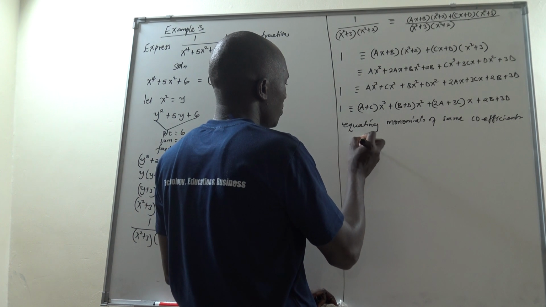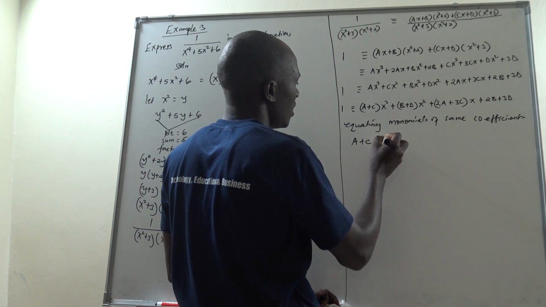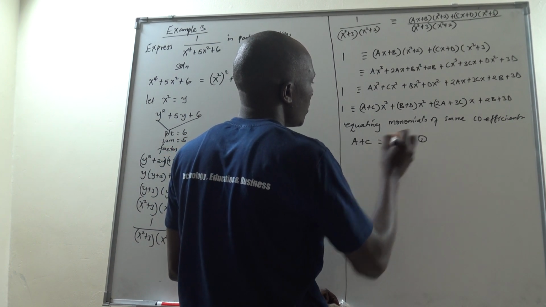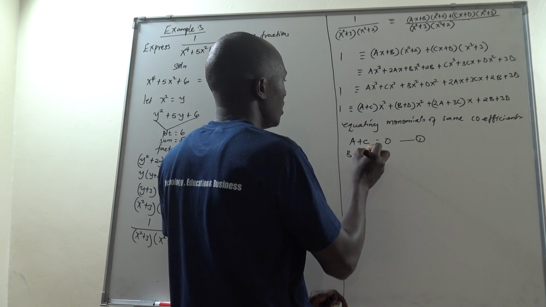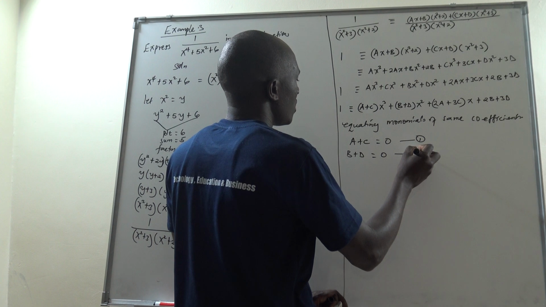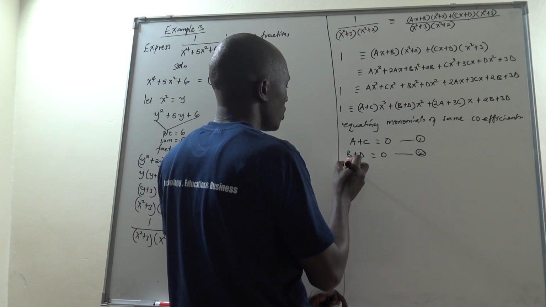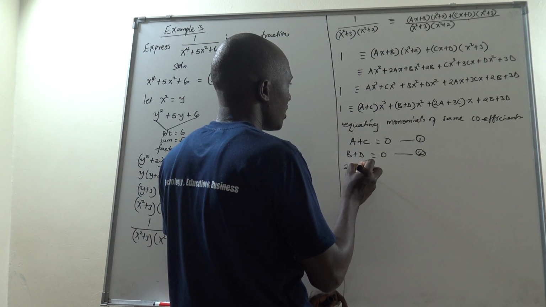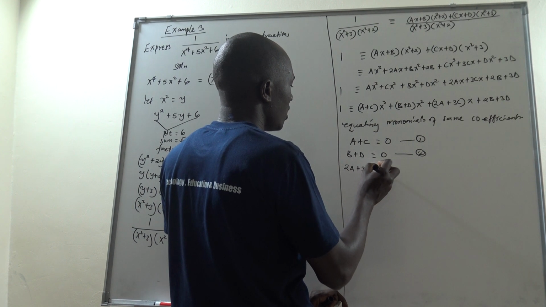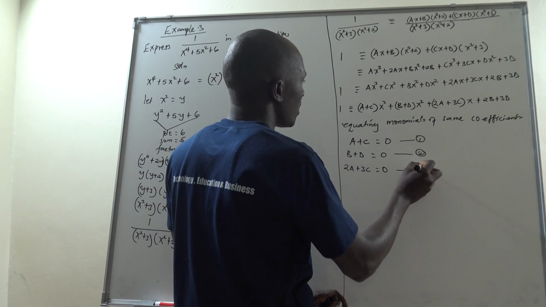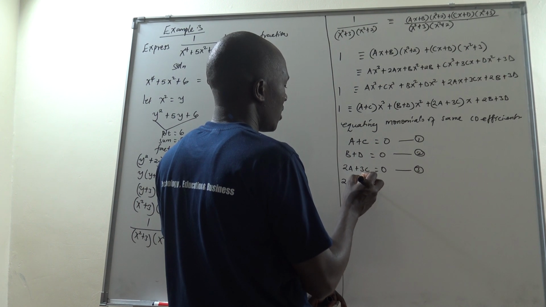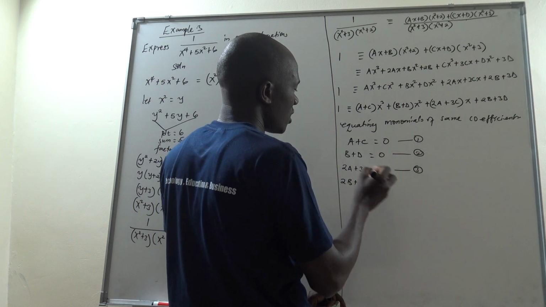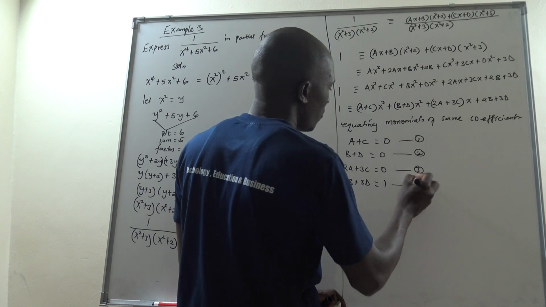So I've got a plus c equals, on this side there is nothing, so 0. This is the first. We also have b plus d equals 0, this is the second. Another one is 2a plus 3c equals 0, this is the third. Another one is 2b plus 3d equals, on this side there is 1, this is the fourth.